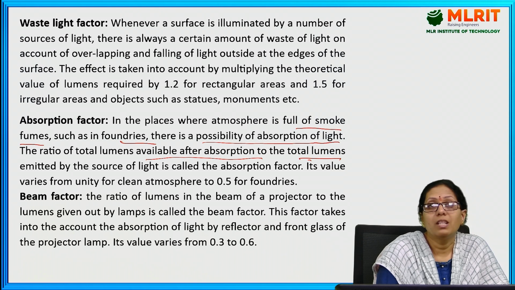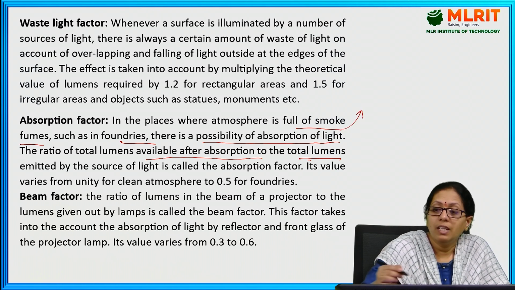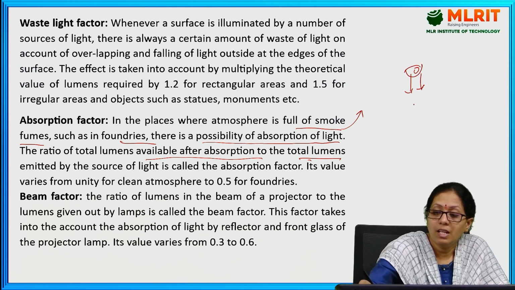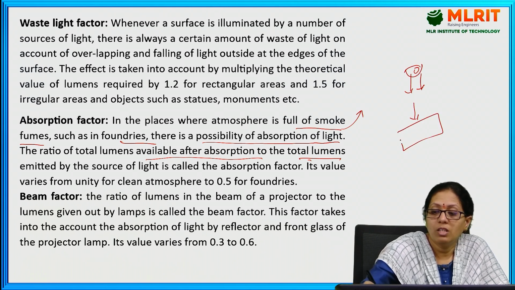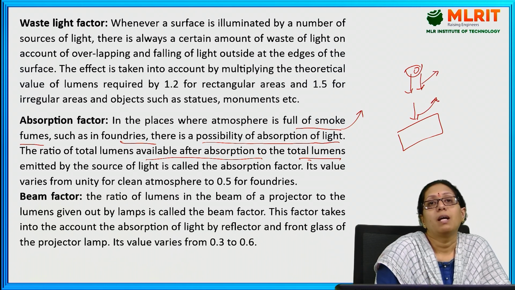When there is a lot of smoke or fumes in that particular area, the lumens given out from the bulb are different from the light which is falling on the object. So these two are different in absorption.